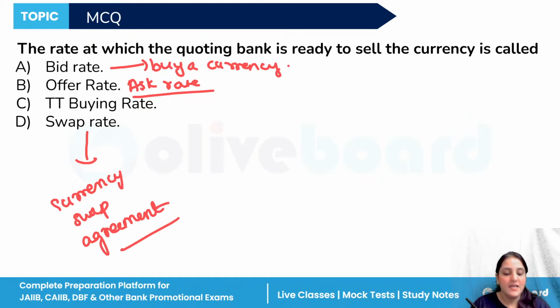So basically here the correct answer is offer rate. The rate at which the quoting bank is ready to sell the currency is called the offer rate.